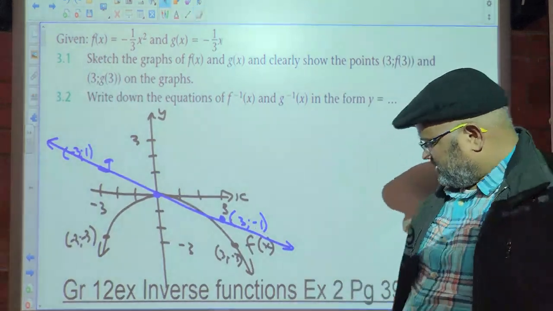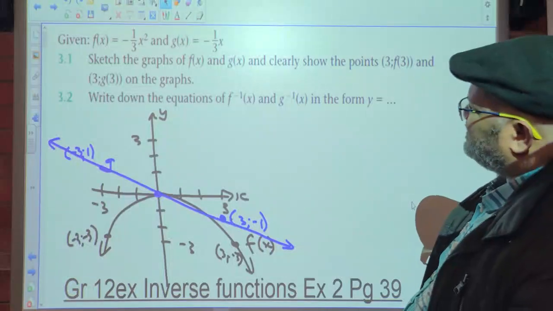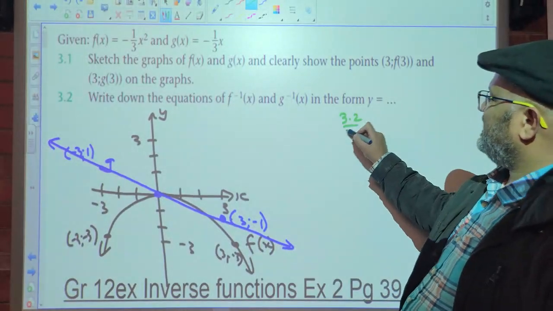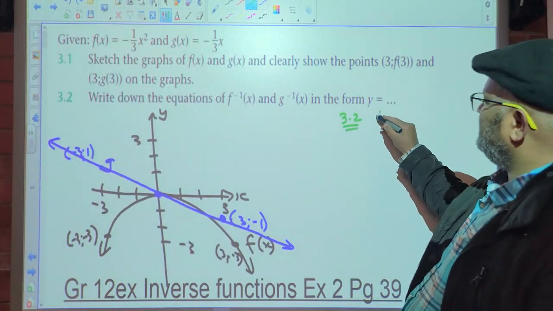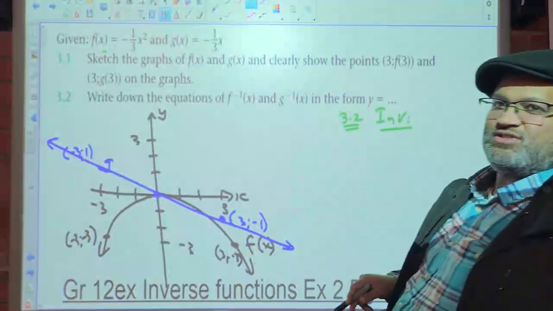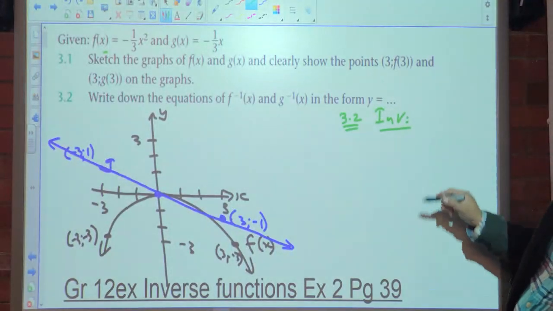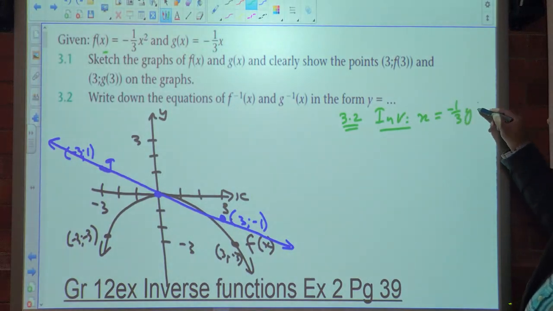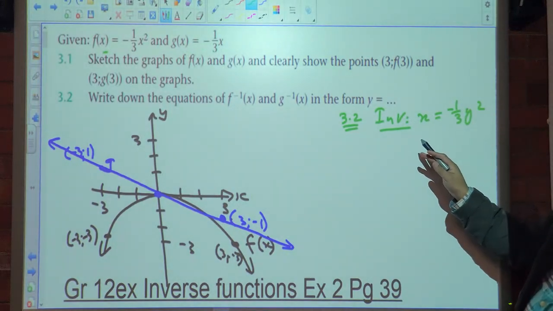Okay, let's look at the next question. Write down the equation of the inverse of f and g. For the inverse of f, let's go with f first. We interchange x and y. So x is equal to negative a third y squared. I divide both sides by negative a third.